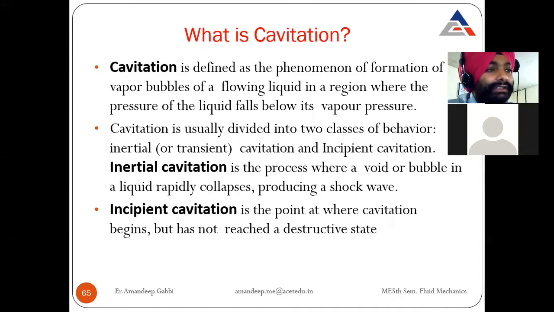That means the bubbles are broken, and when they collapse, a shock wave is produced. If it is a turbine, then it can damage our turbine. So cavitation is an undesirable phenomenon. It can erode our material, like a turbine can be eroded. Pitting erosion happens because of cavitation.